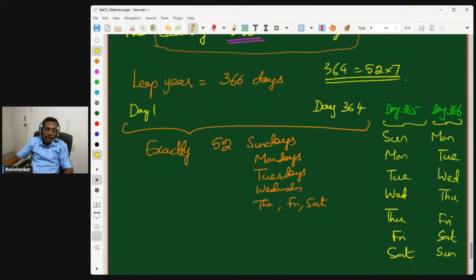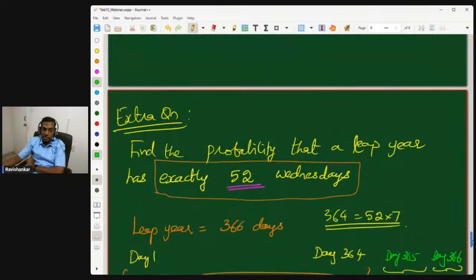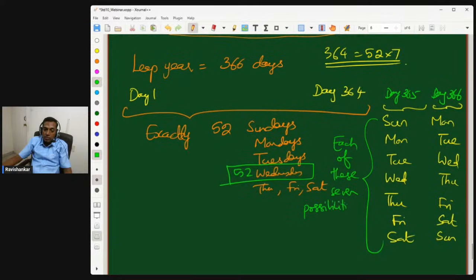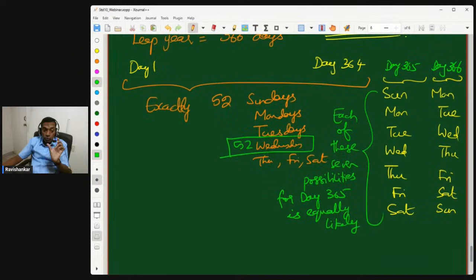We already have 52 Wednesdays. Each of these 7 possibilities for day 365 is equally likely, and only these 7 are possible.